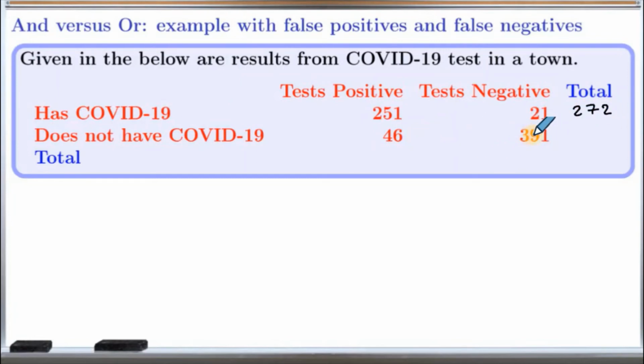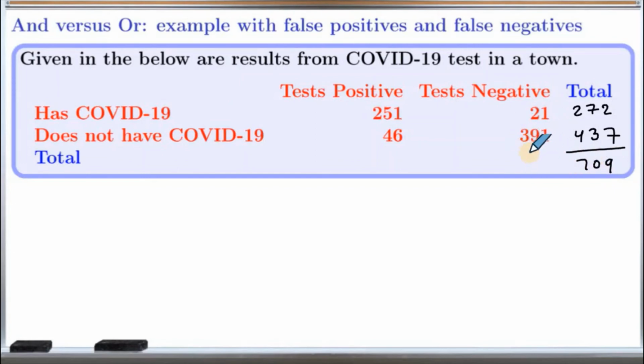And 46 plus 391 would be 437. So if we add 272 and 437, it would be 709.